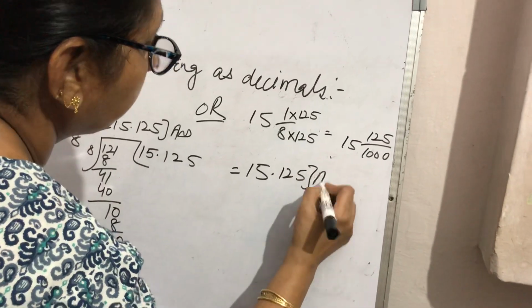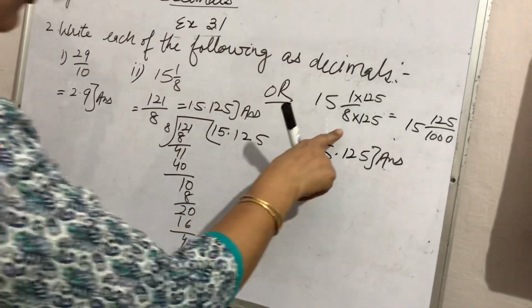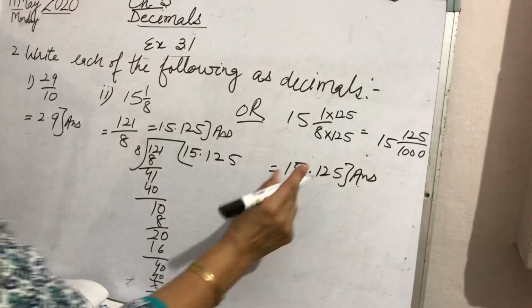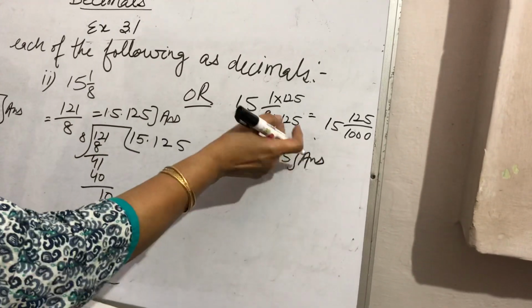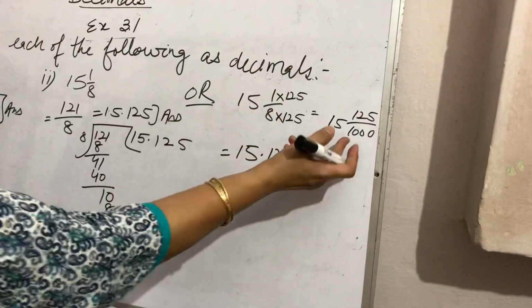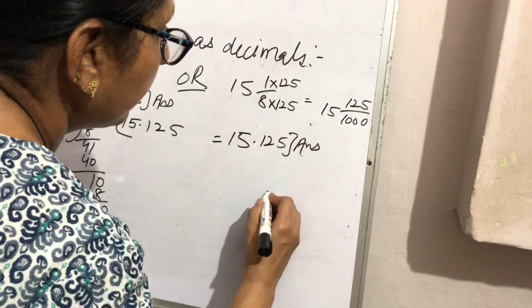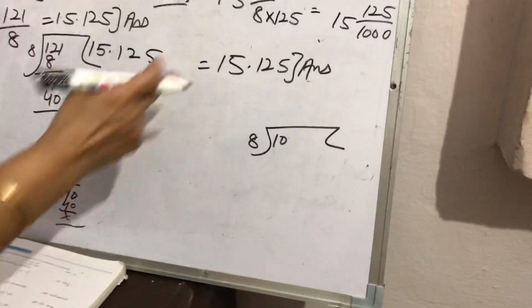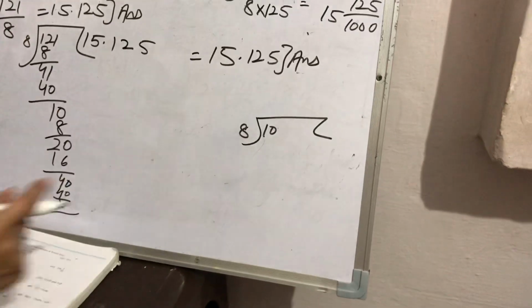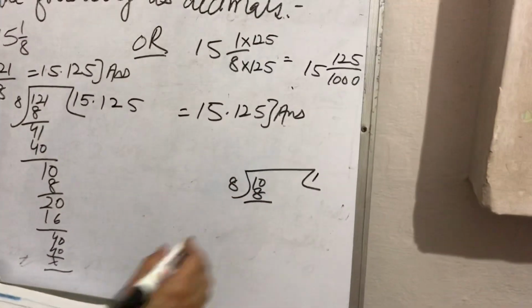Now the question is how will we find the number to multiply? By which number do we have to multiply to make it 10, 100 or 1000? So this is the method. We'll divide by the denominator 8. 10 is not divisible by 8.